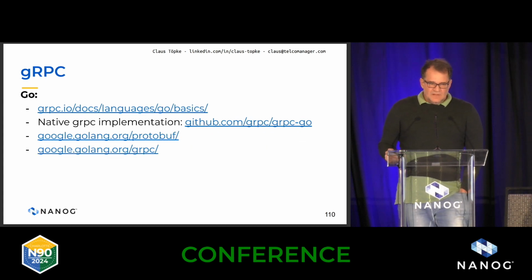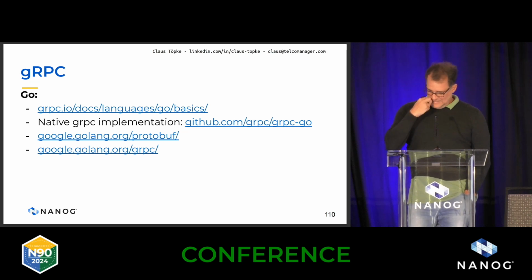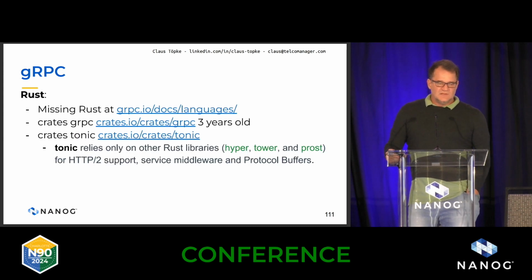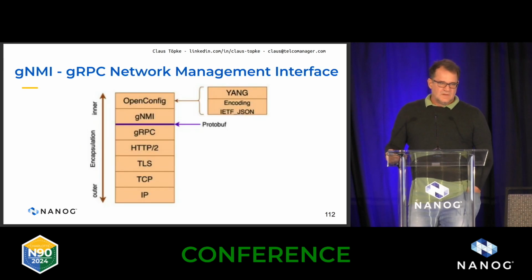Go does have it, and it's very nice. gRPC in Go is okay, it's good. It's a way to go, I think. In Rust, it does have it as well. It's tonic, but it's on crates, and I didn't find it as interesting as Go, but it does have it.